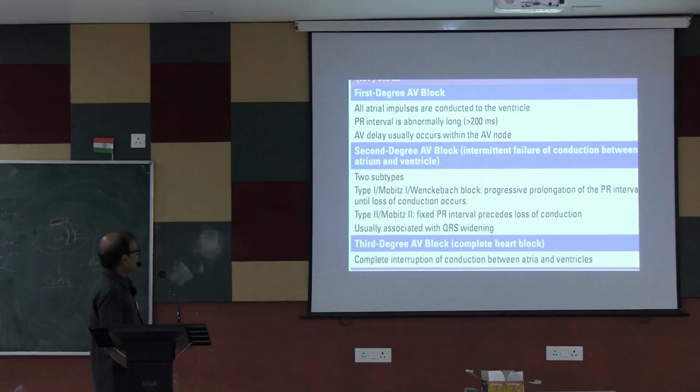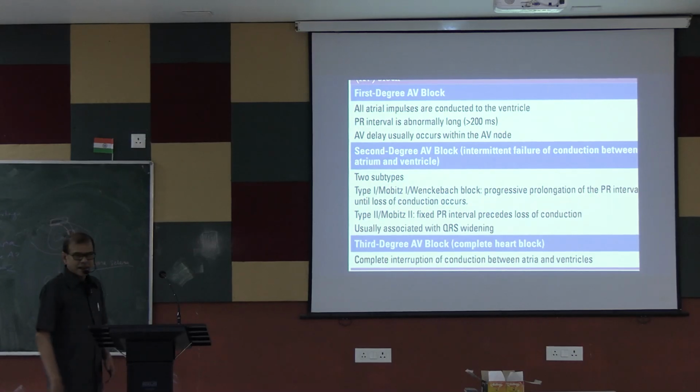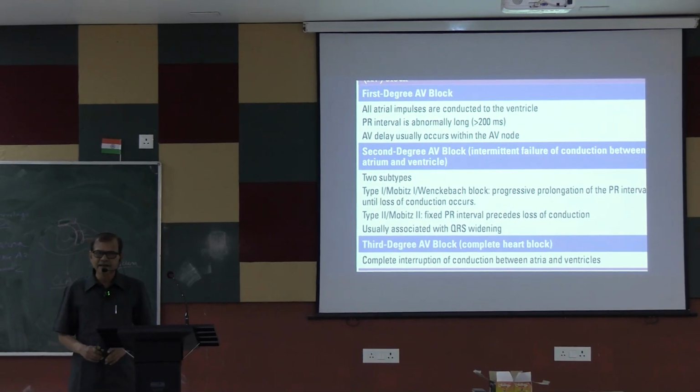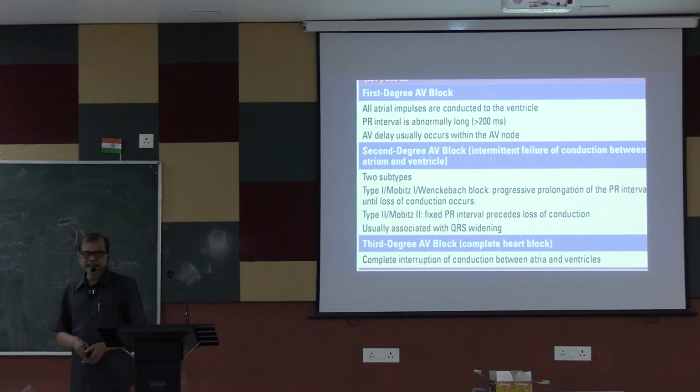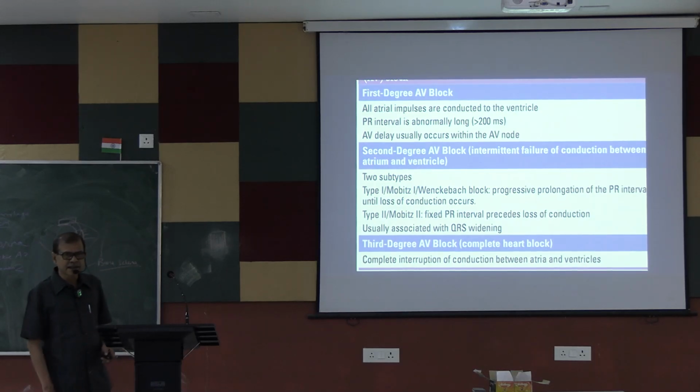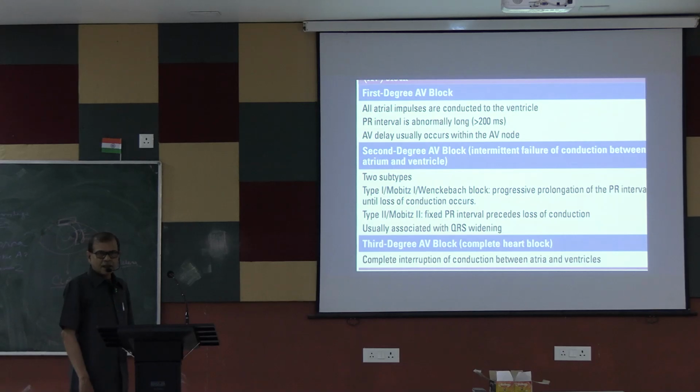its nature. AV block, again, type 1. Here there is no block, this is a delay reflected by prolongation of the PR interval exceeding 200 milliseconds or 0.2 seconds. This is the first degree AV block.